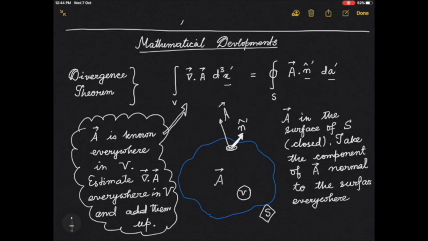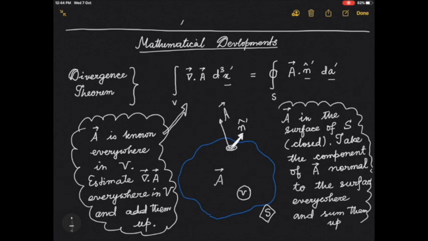So take the component of A normal to the surface everywhere and sum them up. Now this summing up is obviously the integral, and that exercise will give you the right hand side of the equality.